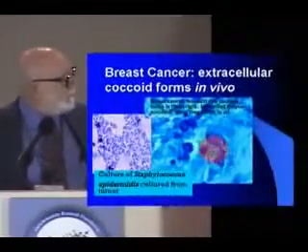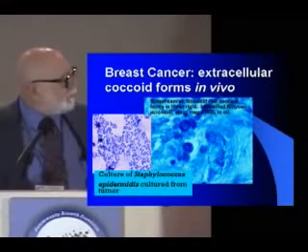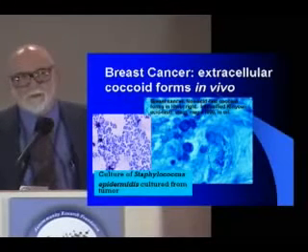Again, these are acid-fast stains, examined under oil at a magnification of 1,000 times. Here's the breast cancer, and here's the Staphylococcus. If you superimpose this on this, they're dead ringers for one another.